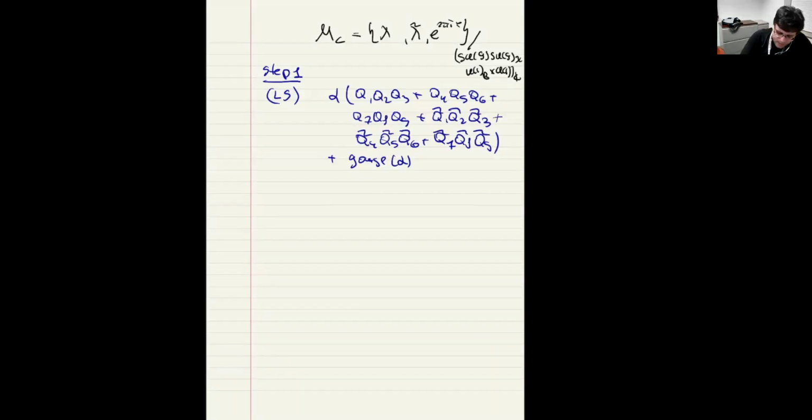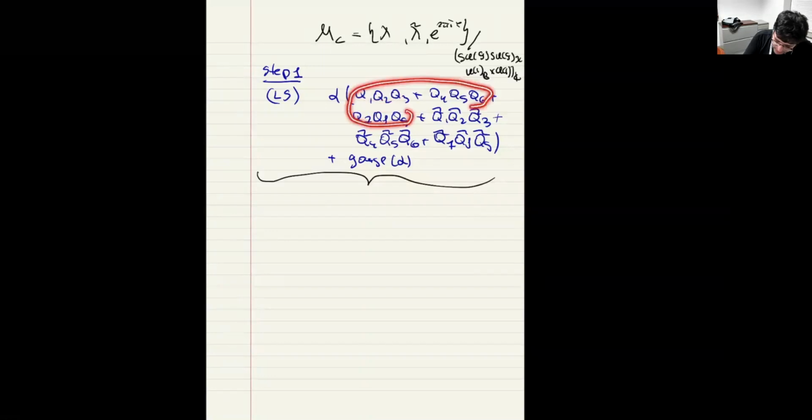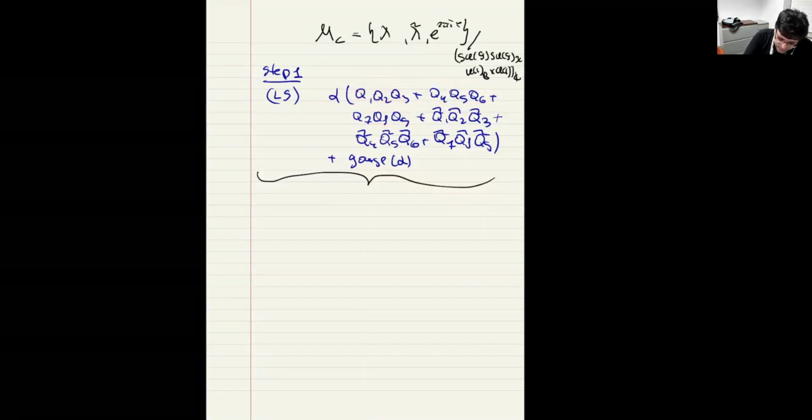Let us perform an important check of this statement. What is the symmetry that this deformation preserves? This deformation breaks the SU9 symmetry, which rotates the 9 Qs, to SU3 to the 3.